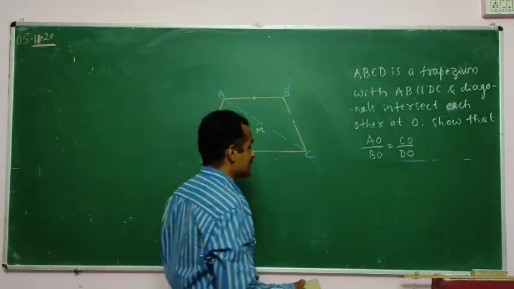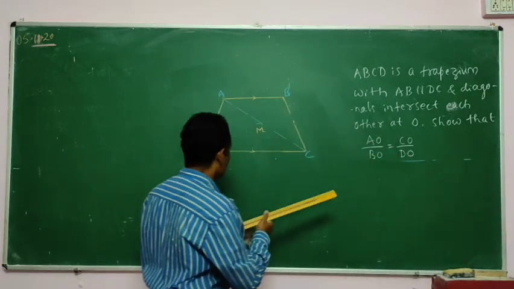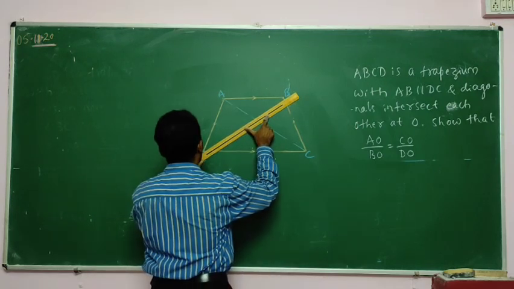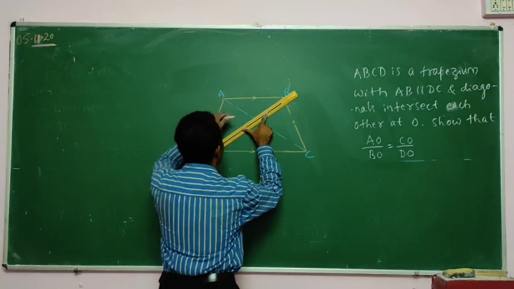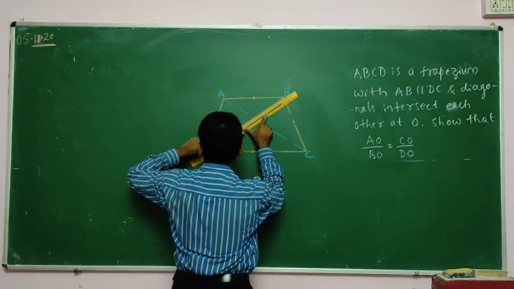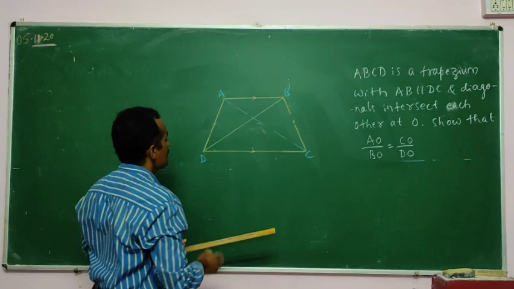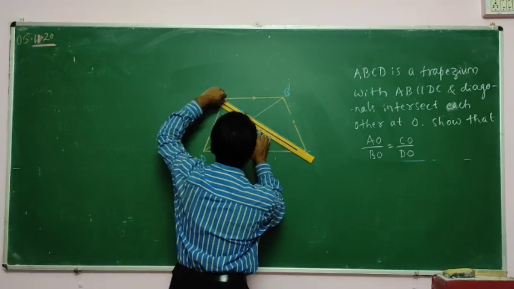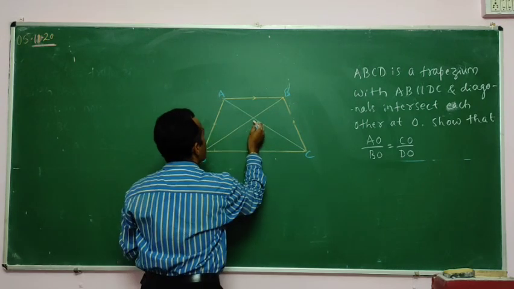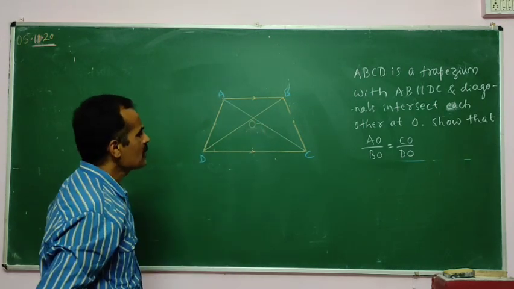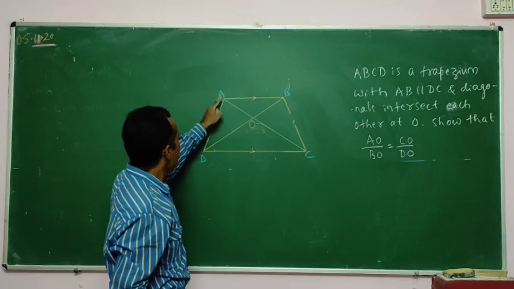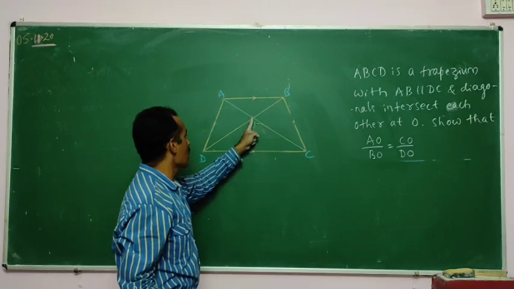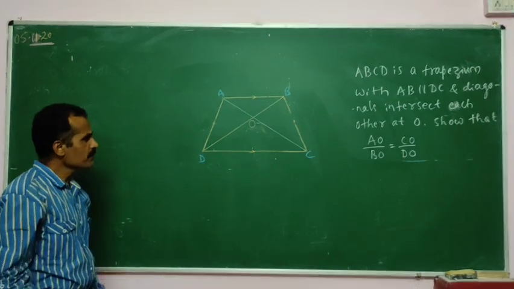The diagonals intersect each other at O. दोनों diagonals को मुझे ज्वाइन करना है, वो दोनों diagonals आपस में मिल रहे हैं at point O. Show that AO by OC is equals to BO by OD.